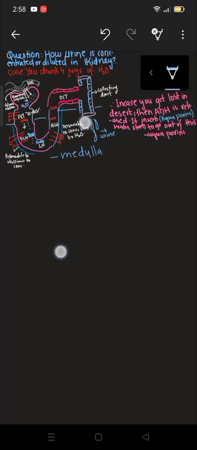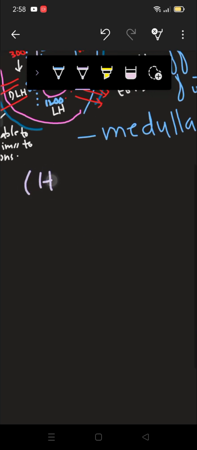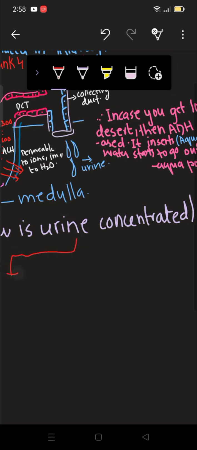So we will be discussing counter current mechanism in tomorrow's class, but here let me give you a small overview of what is happening here. So how is urine concentrated? We do have two processes, 1 and 2.